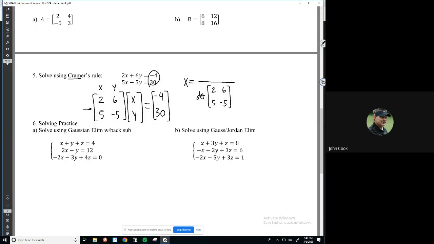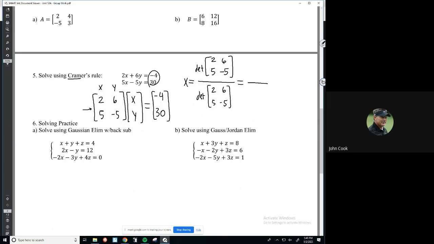And then I'm just going to create a fraction, because the determinant just gives you a number. So this is just going to turn into some number in the denominator. In the numerator, I put the exact same thing, the determinant of the same matrix, 2, 6, 5, -5. But there's one little change that I make.